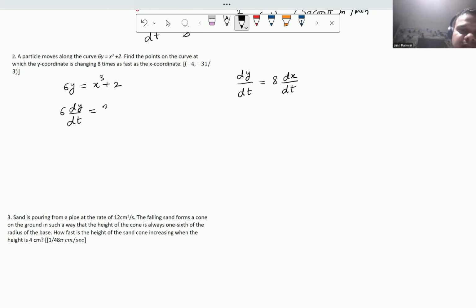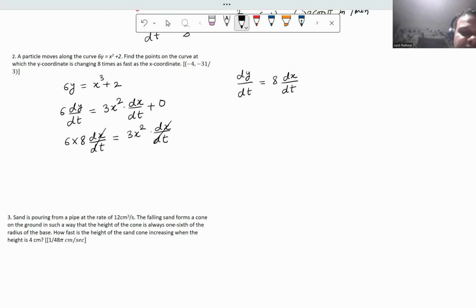So 3x square dx over dt plus 2. The derivative of 2 is 0 because 2 is a constant. What is the value of dy over dt? It's 8 times dx over dt. So 6 times 8 dx over dt is equal to 3x square dx over dt.